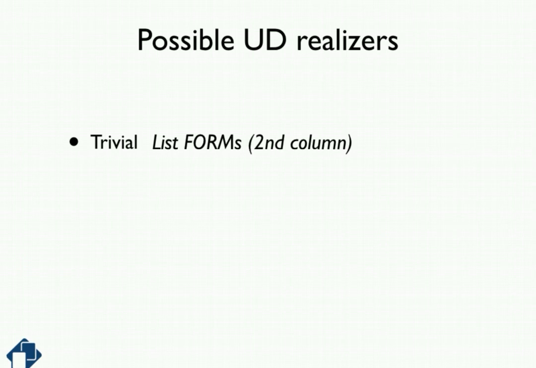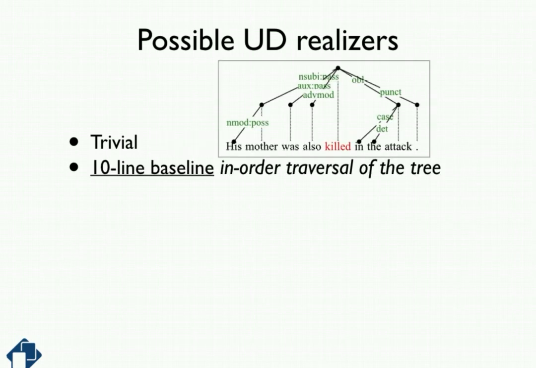If you have the full universal dependencies, you just have to take the second column and then you have all the words. But that's not really challenging. Another method would be to start from the tree that is given by the universal dependency structure and do an in order traversal of the tree. And this can be done in a 10-line Python program, which I would call the 10-line baseline.